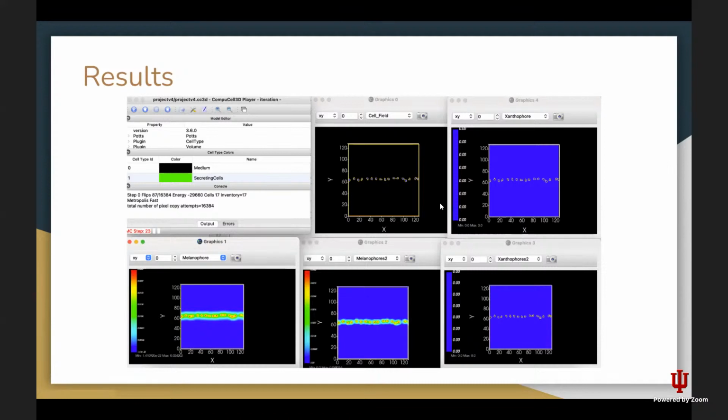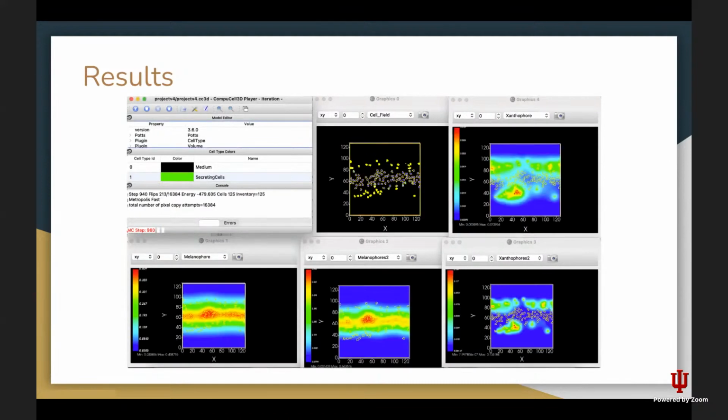As we go along in the simulation, you can start seeing the cells seeding into the environment, and the fields start to progress over time. Melanophores first, and then you can start to see those xanthophores.